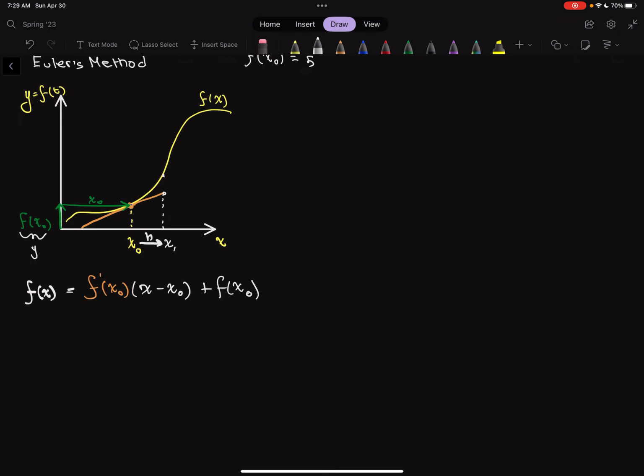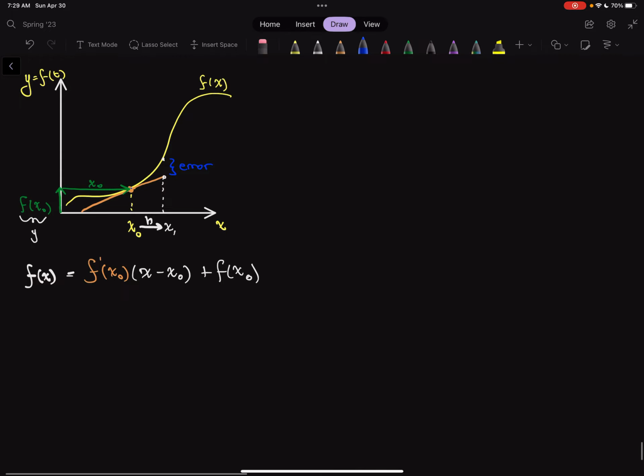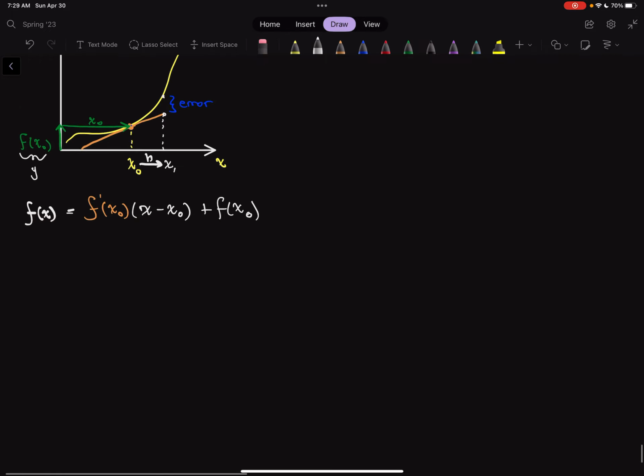And we need to realize that there is an error here. And the farther you go, the larger the error could be. So what do we do once we get to x1? Once we get to x1, we ask, what is the slope at this point? Let me rename this as y1.